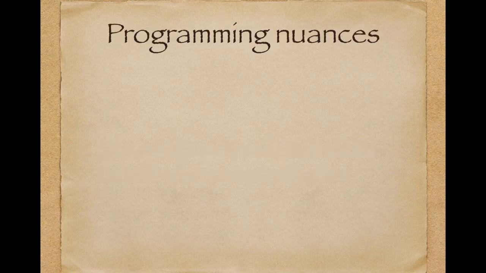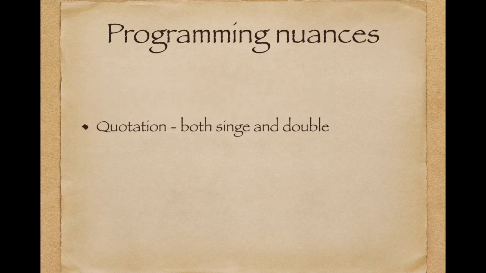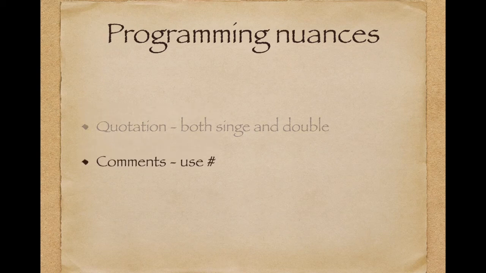Then we need to know about the nuances and preliminaries of programming. Quotation: Python accepts both single and double quotations, no problem. And comments. Normally, when you want to comment a single line, we use a double slash, and for multiple lines a slash and an asterisk.